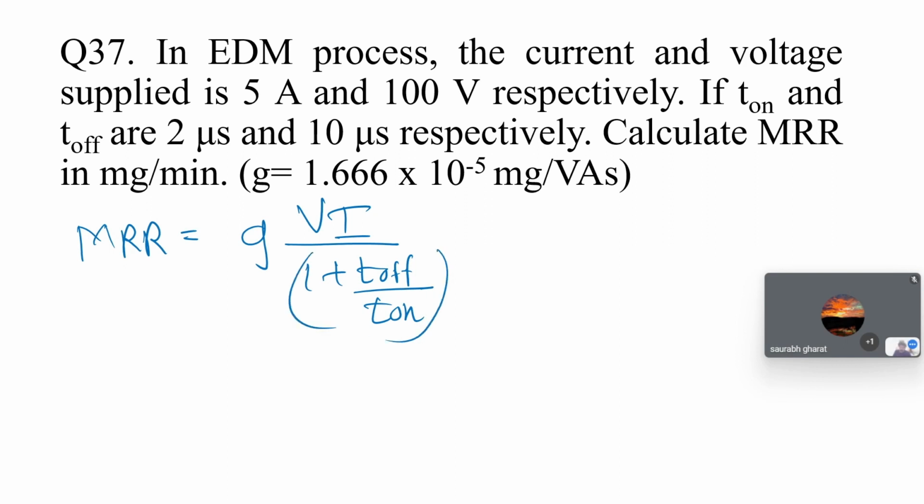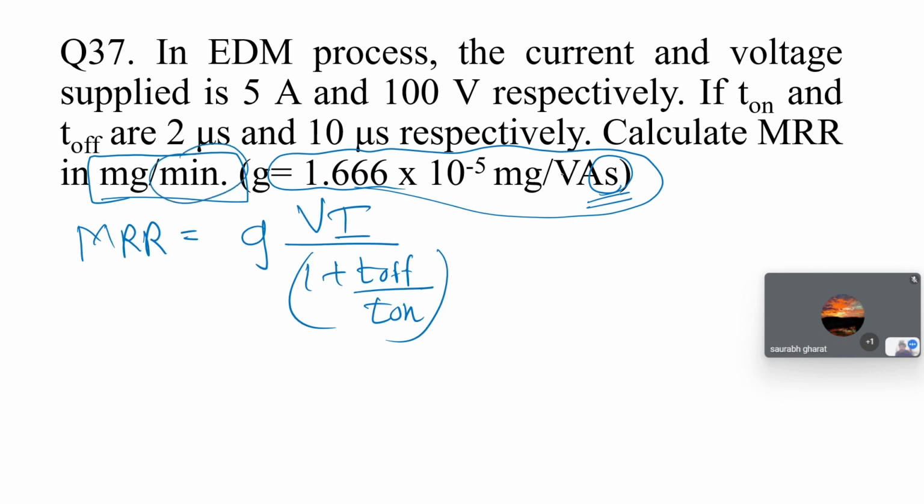Just go through the part that you have over here, and what they are asking: they are asking MRR, and it is in milligram per minute. So the constants are given to you in that way itself. But it is in seconds, so everything must be in seconds. As it is in seconds, you have to multiply it by 60 to get into minutes, because we want the answer in minutes.